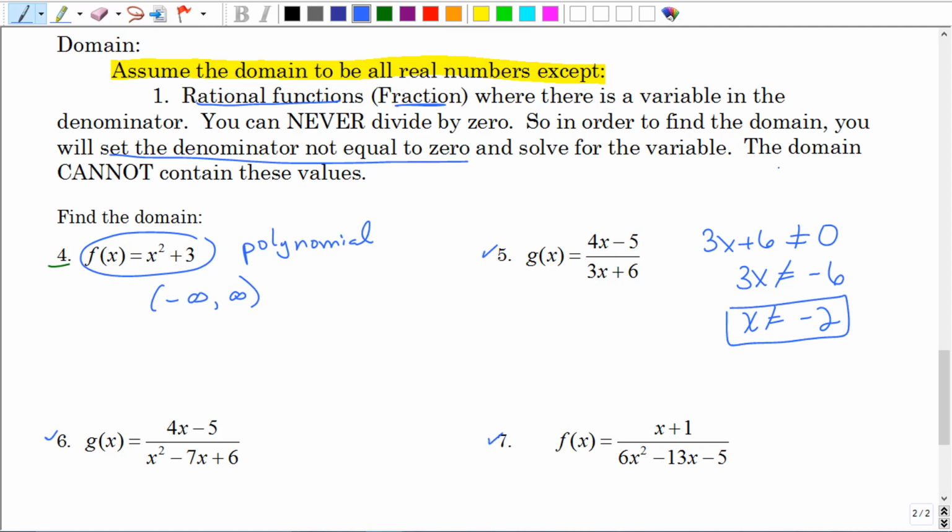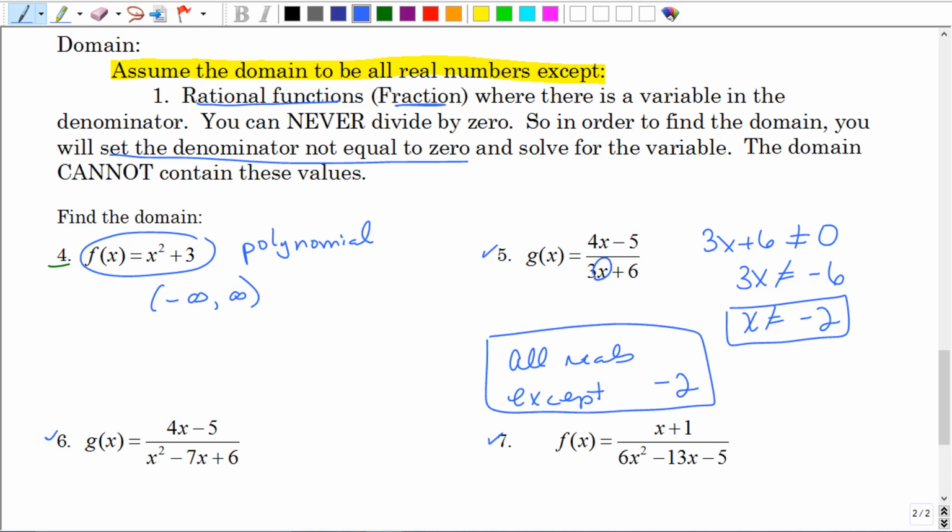So my domain is all reals except negative 2. Because if I put in negative 2 for x, then I'm dividing by 0, and that's a big no-no. But any other number, I'm okay with.